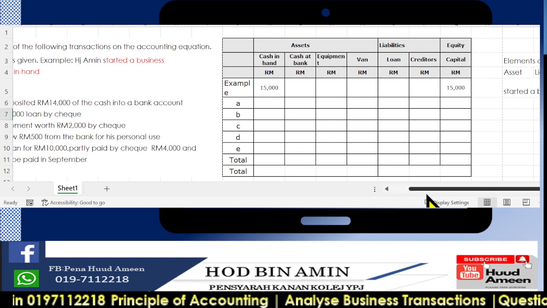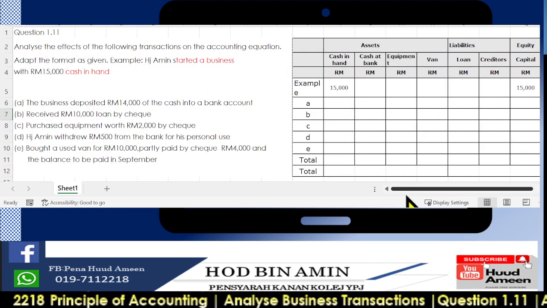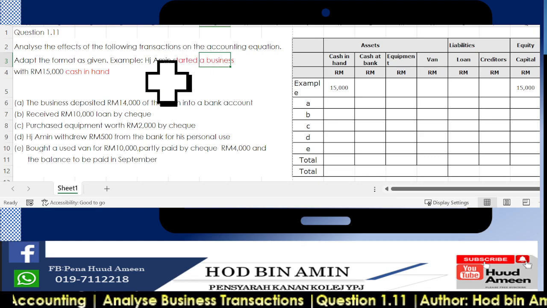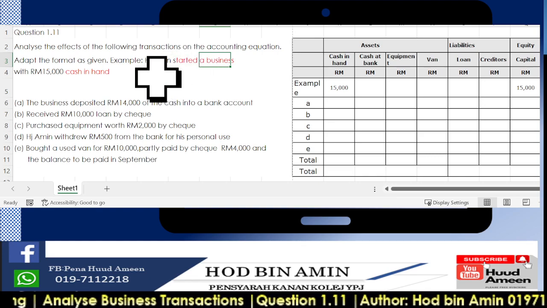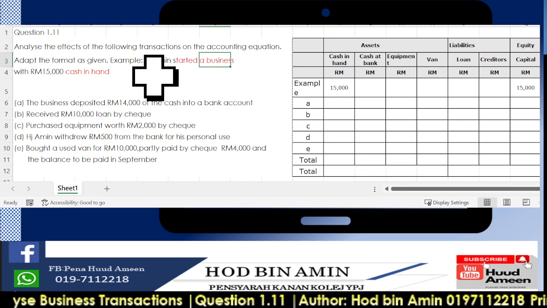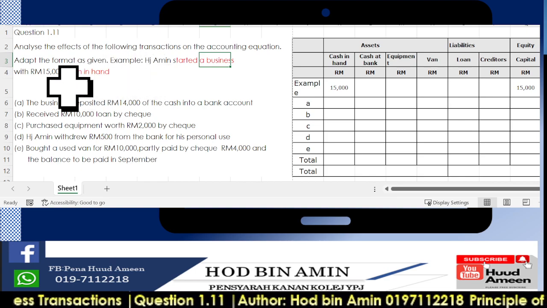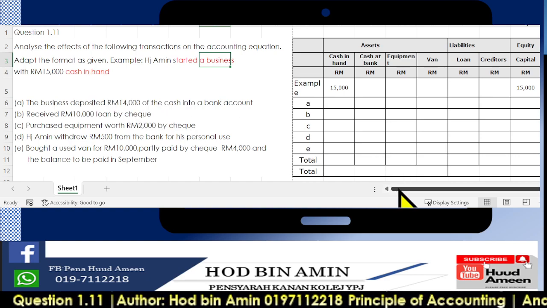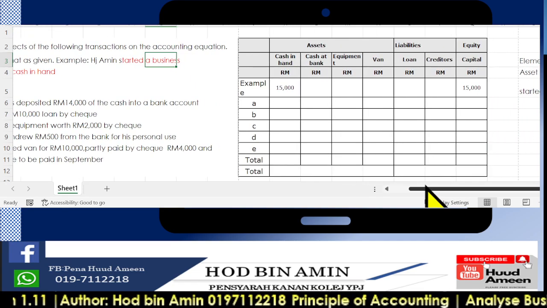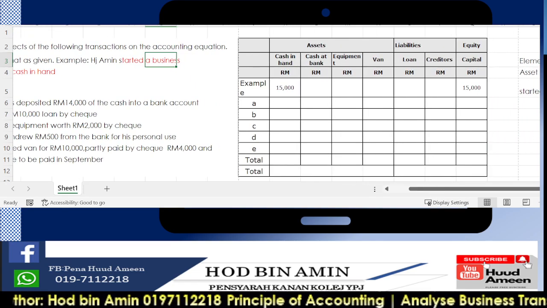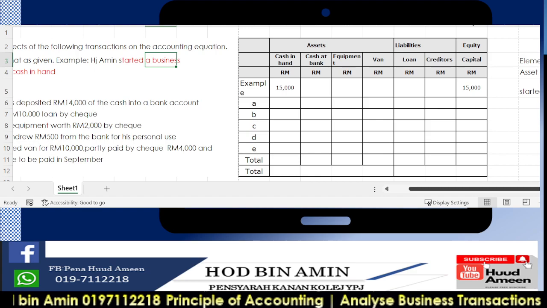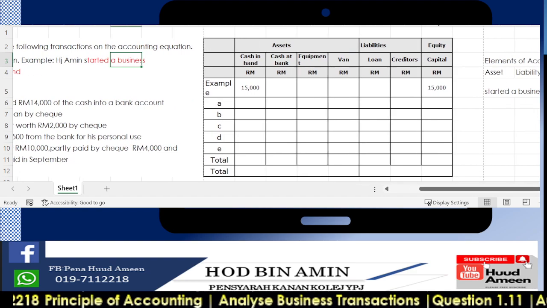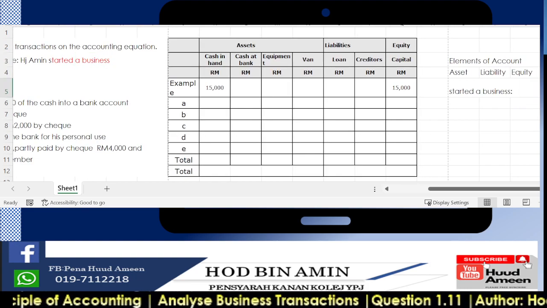You have to identify two hints. This is the hint, which I highlight in red pen, of this transaction, considered two effects of business. So every transaction may have at least two, what we call hints, and then started a business falls under equity.